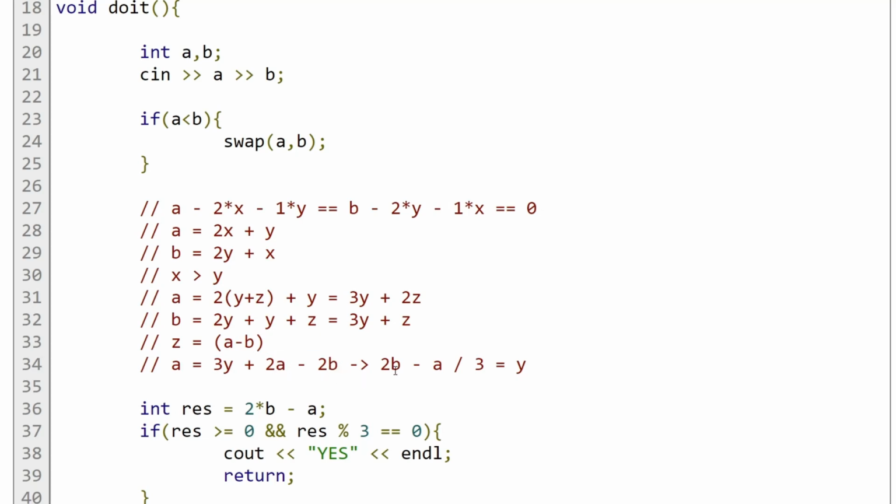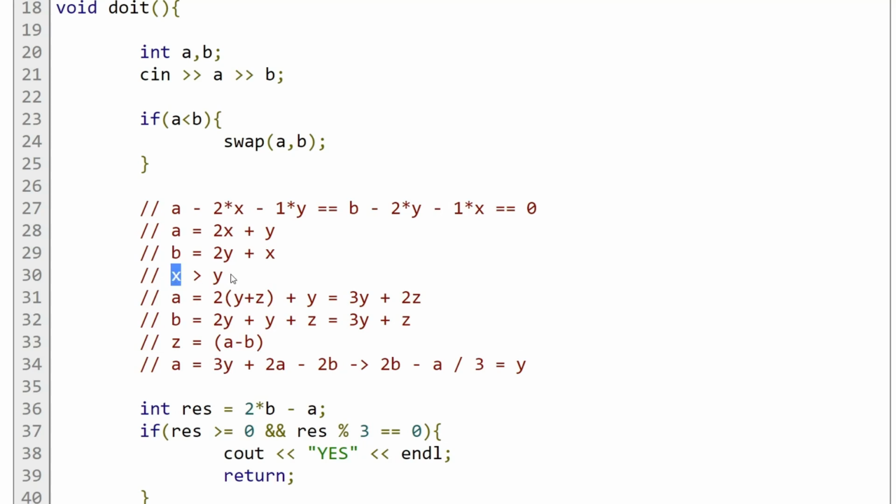And now based on this, if we solve for y, we're going to see that y equals 2b minus a divided by 3, okay? So we know that y needs to be an integer, okay? So if y is an integer, x will be an integer as well, okay?